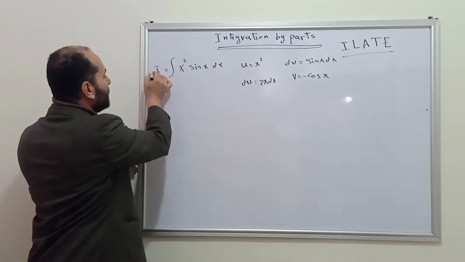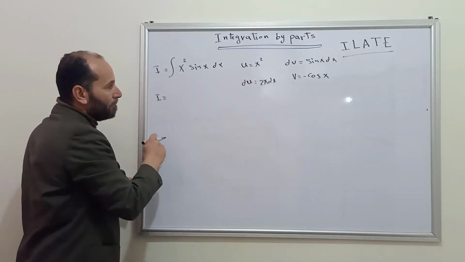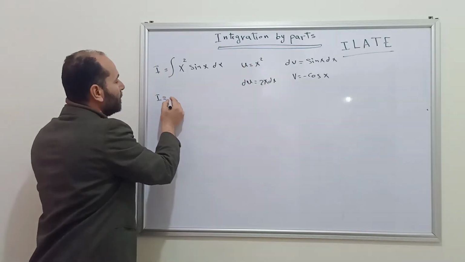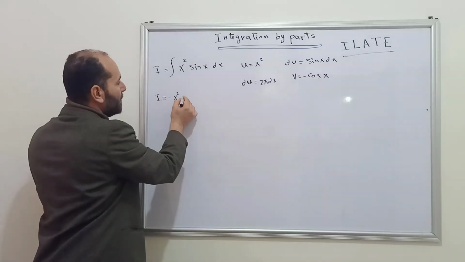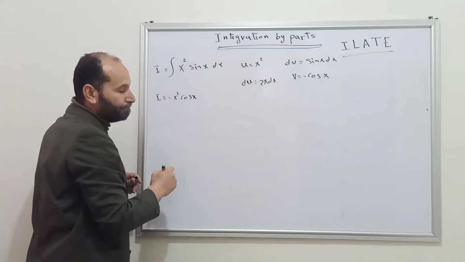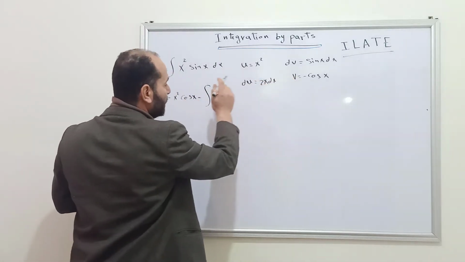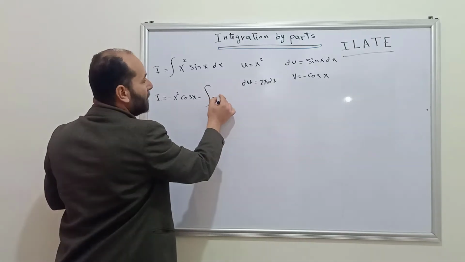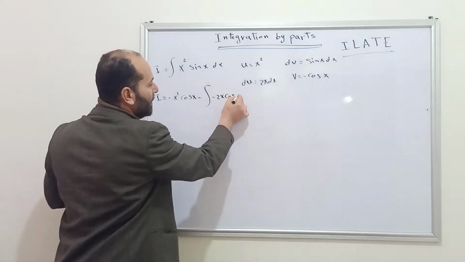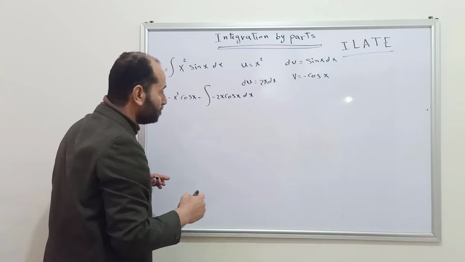I equals uv, negative x squared cosine x, minus integration v du, negative 2x cosine x dx.